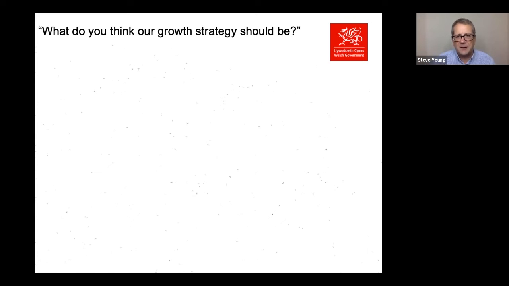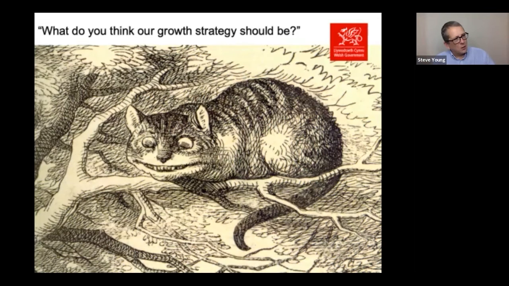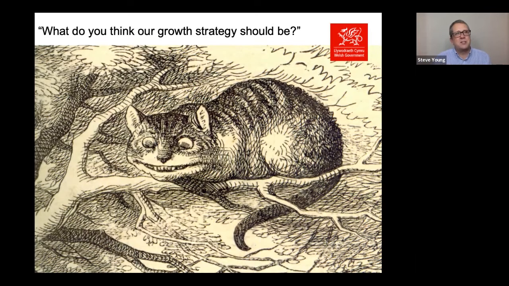It's a little bit like Alice in Wonderland. Alice is stood at the crossroads and she doesn't know where to go, left or right, forward or backwards. She looks up into the tree and a Cheshire cat appears, as it does. She says to the Cheshire cat, which way should I turn?